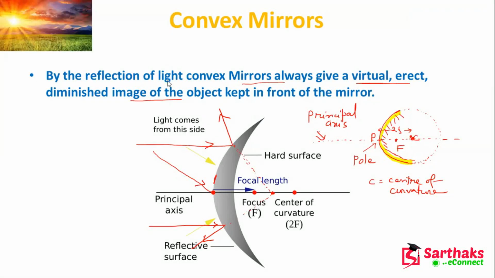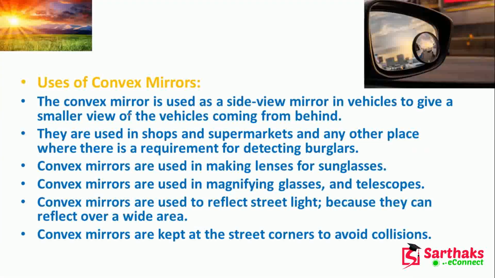Okay. Next, the uses of convex mirrors. The convex mirror is used as the side view mirror in vehicles to give a smaller view of the vehicles coming from behind. They are used in shops, supermarkets, and other places where it is required to detect burglars.